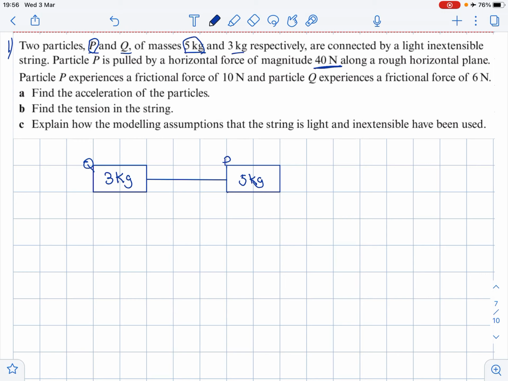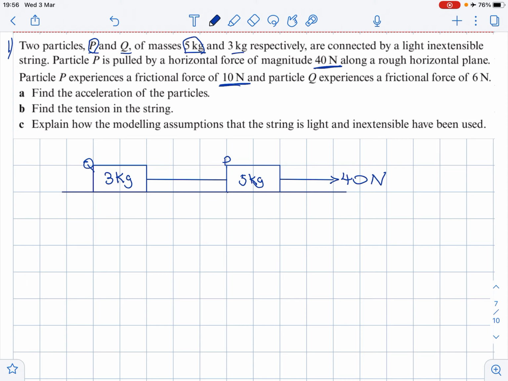So we have a force pulling particle P with 40 newtons, along a rough horizontal plane, so let's just draw a horizontal plane. Then we're told that particle P experiences a frictional force of 10 newtons.